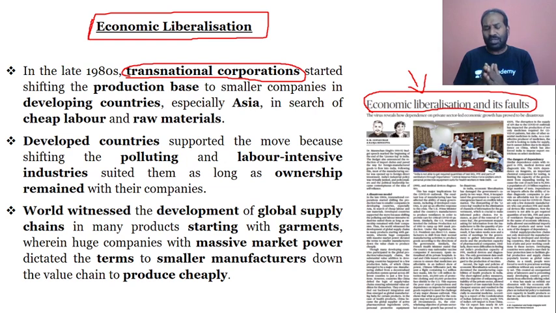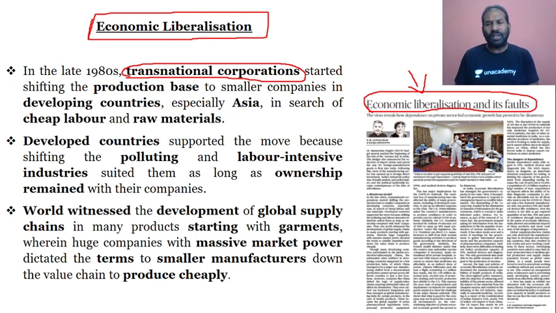That is what I was talking about, the movement of goods, production, and manufacturing industries, the way it shifted from one country to another, for the benefit of the developed country, because they identified developing and underdeveloped countries where they could produce their goods, use cheap labor, and get raw materials which were not present in their own geographical areas.